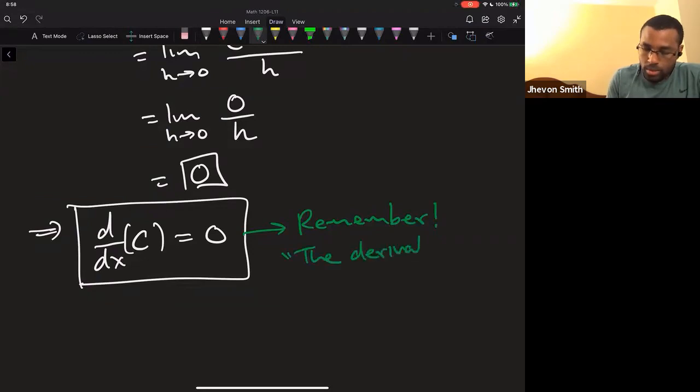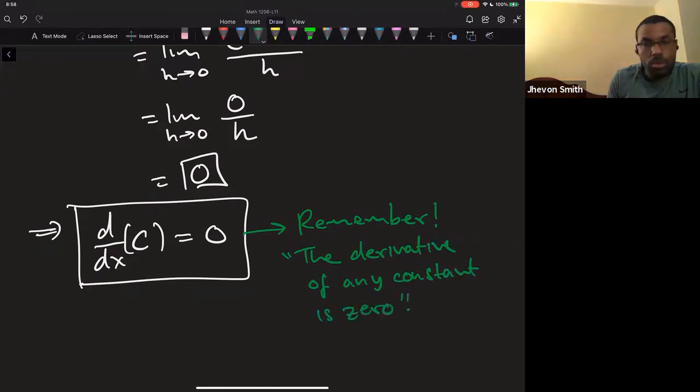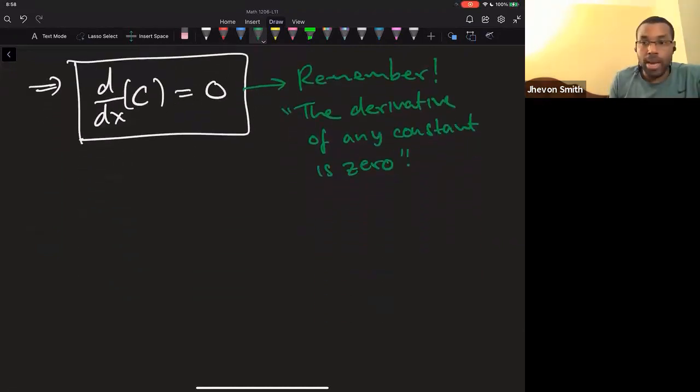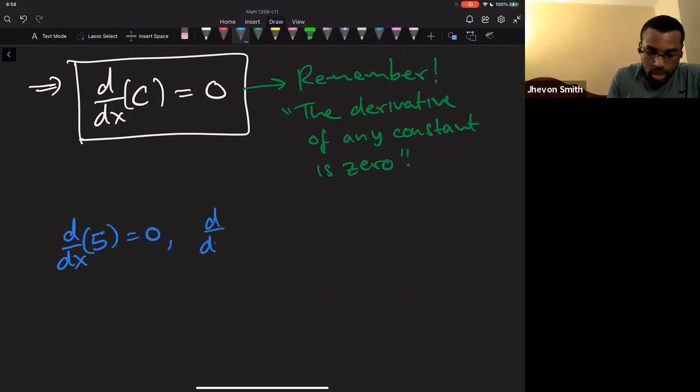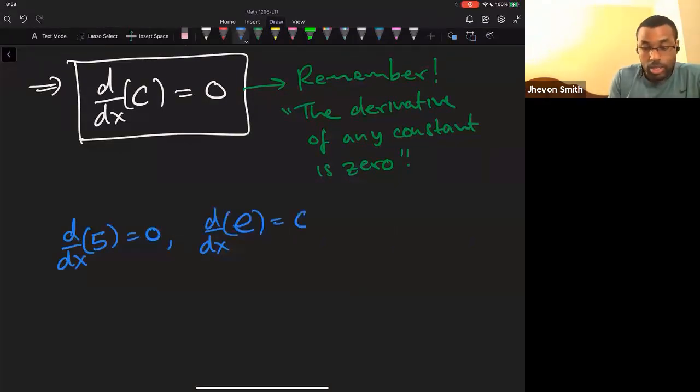The derivative of any constant is 0, right? So it doesn't matter what the constant is. I can say, what is the derivative of 5? Well, the answer is 0. What is the derivative of e? Well, the answer is 0.